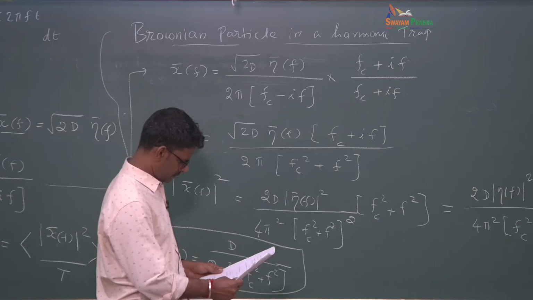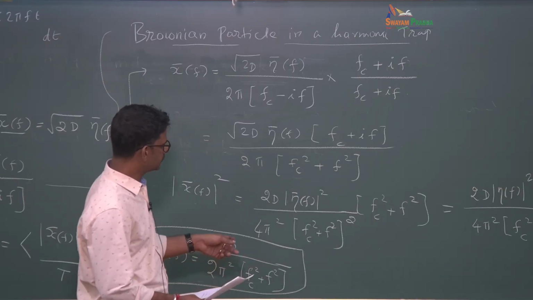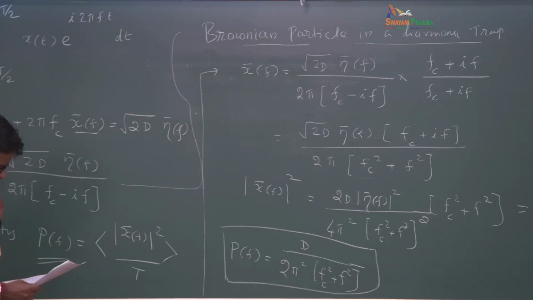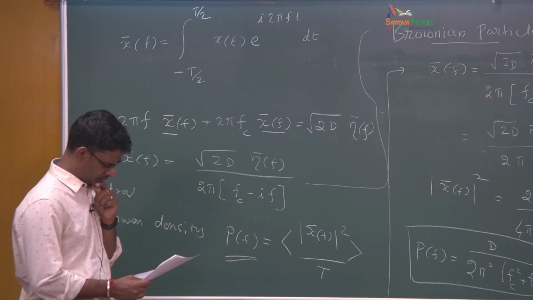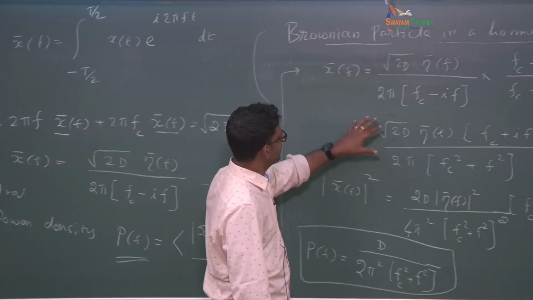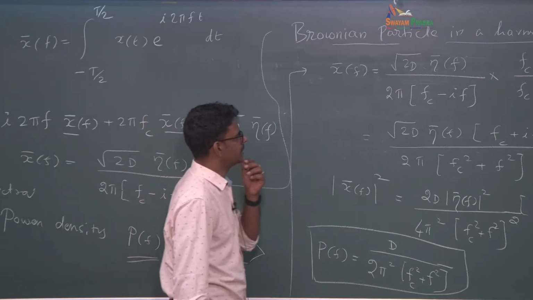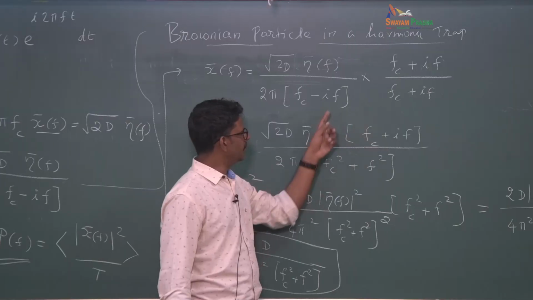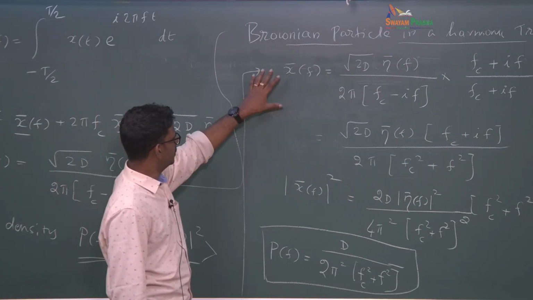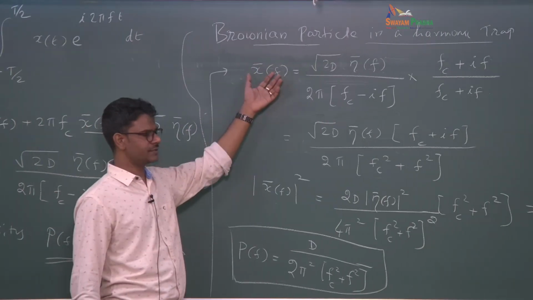So what I have done here is I have multiplied this by the complex conjugate, and then in the denominator you will have fc square plus f square, and so then you take the square of the modulus of this.